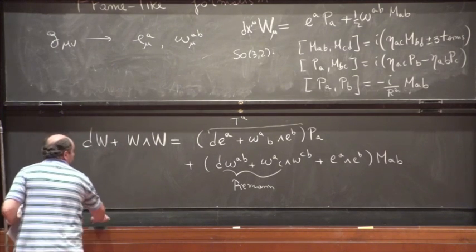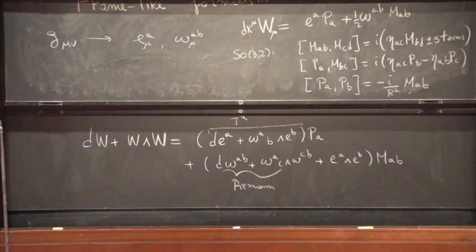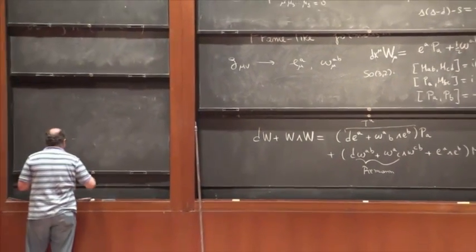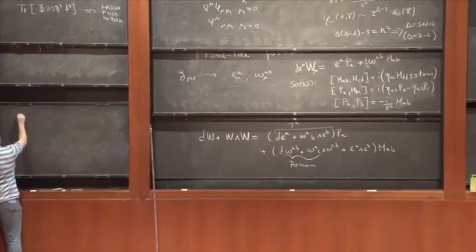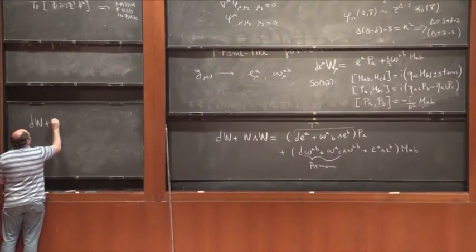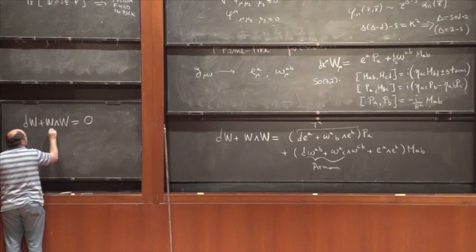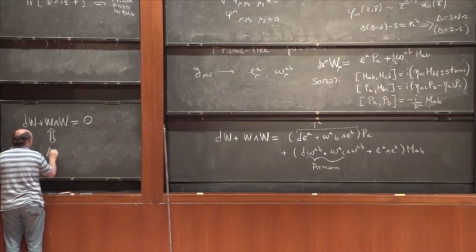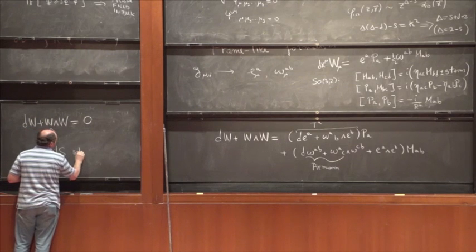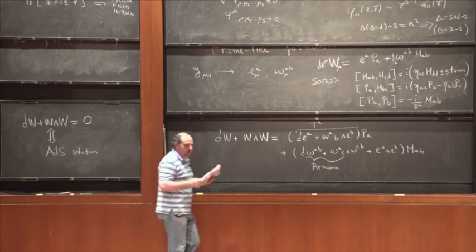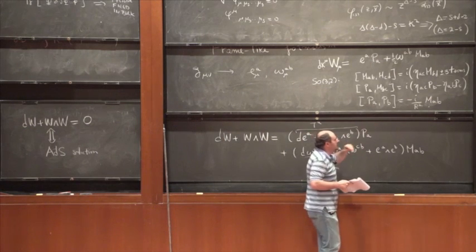Okay, so the zero curvature condition gives the AdS solution. Or de Sitter if you're doing the other sign of the cosmological constant.